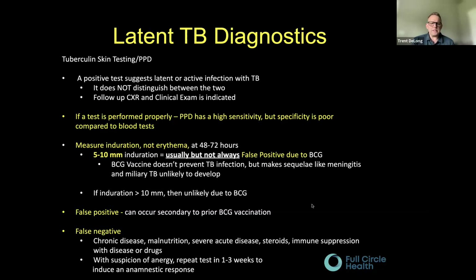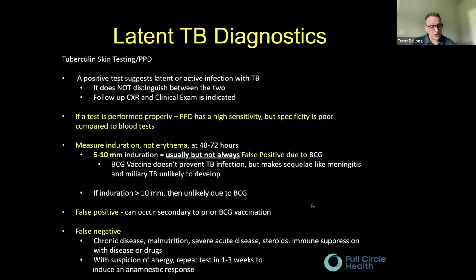As a side note, BCG vaccines do not prevent TB infection, but they do make the sequelae of meningitis and miliary TB unlikely to develop. If an induration is greater than 10 millimeters, then it's unlikely due to BCG vaccination. And just to underscore again, a false positive can occur with BCG vaccination, but is not always indicative of BCG vaccination.